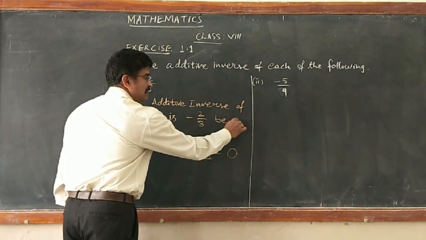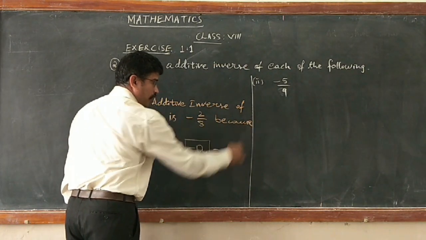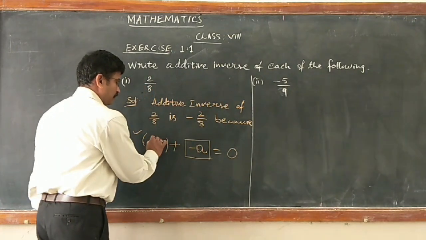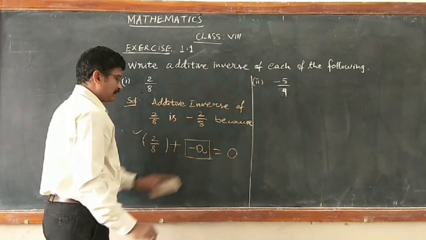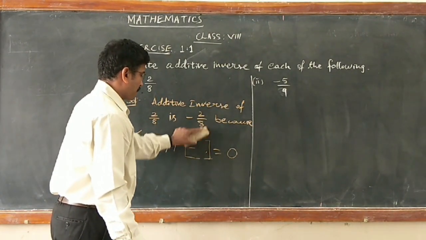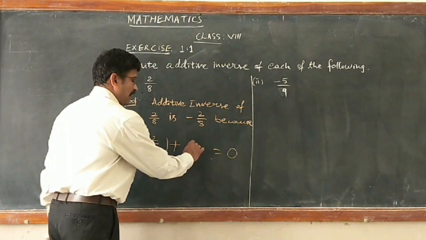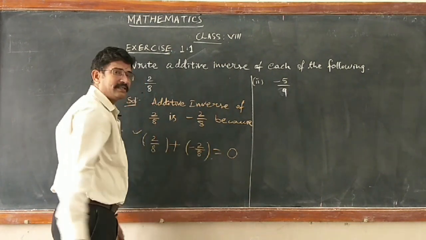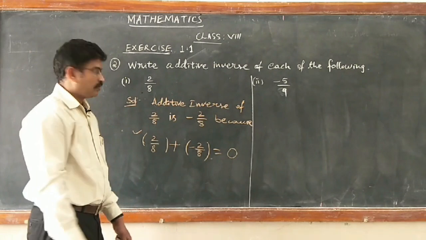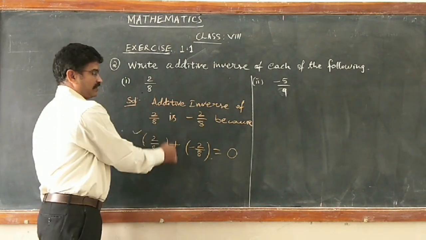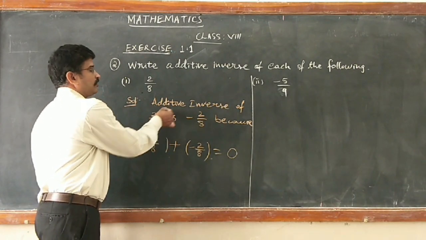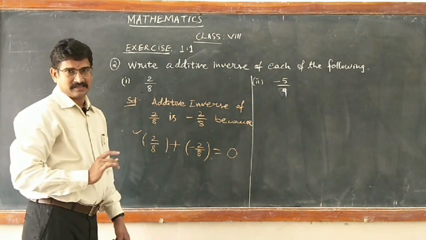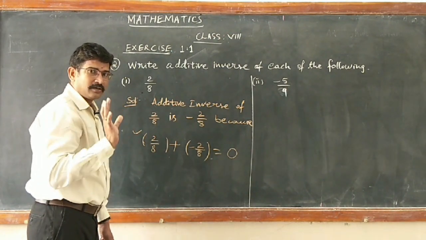Because 2 by 8 added to minus 2 by 8 gives 0. If you write this much with the reason, who is the additive inverse of 2 by 8, you will be awarded full marks. So be cautious.